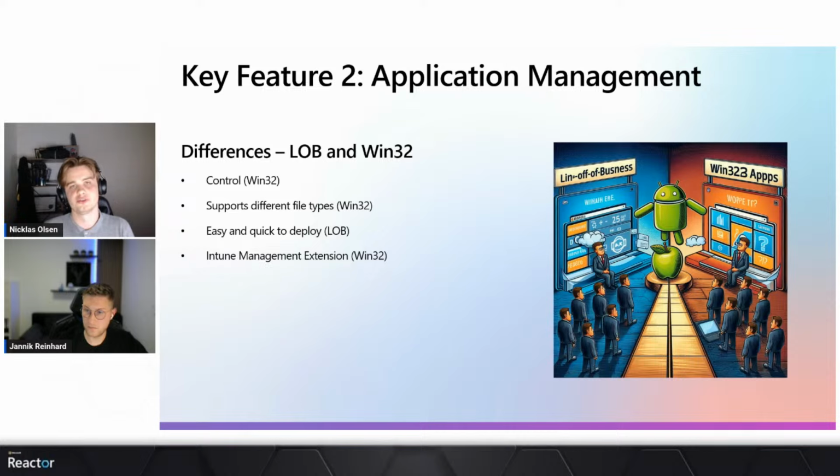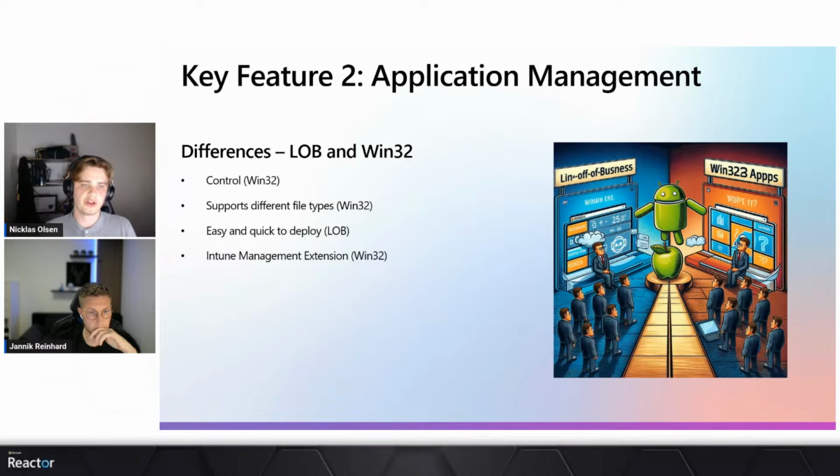But then you can also specify the minimum operating system version. So let's say you would like to make a specific app available only to a specific Windows version. That's also possible. And apart from that, you can manually configure your detection rules, but also make your own custom detection rules with PowerShell. And there's a lot more, which we will cover a little bit later on.